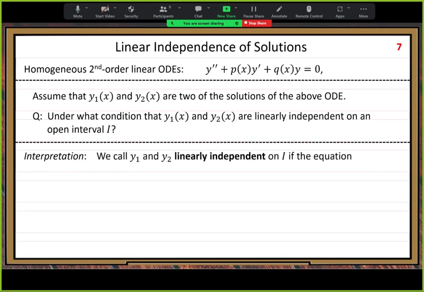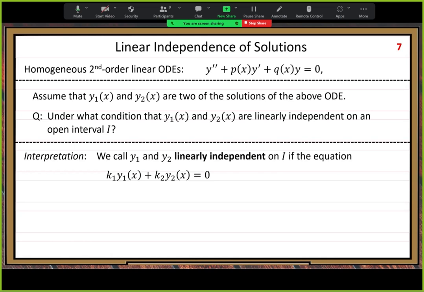We call y1 and y2 linearly independent on I if the equation, and be careful here, the equation is simple, but there is a subtle thing you need to get.